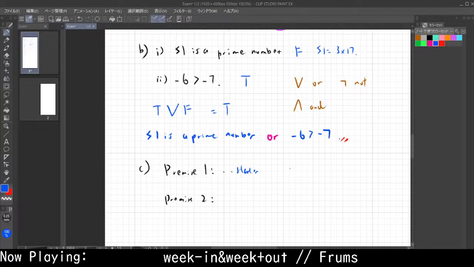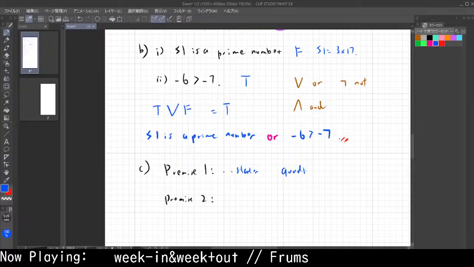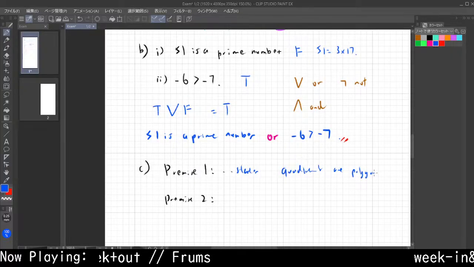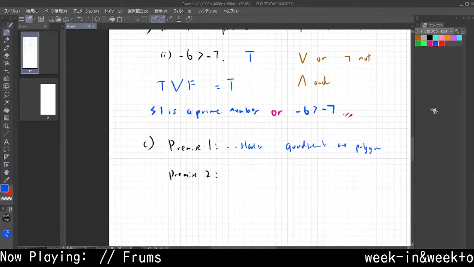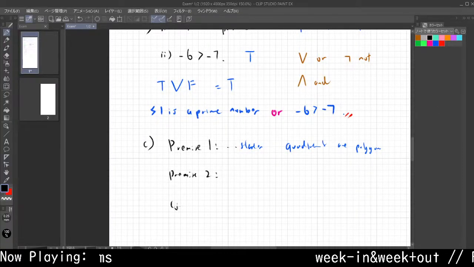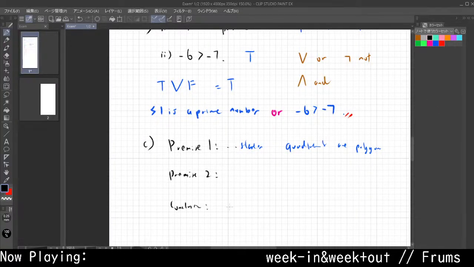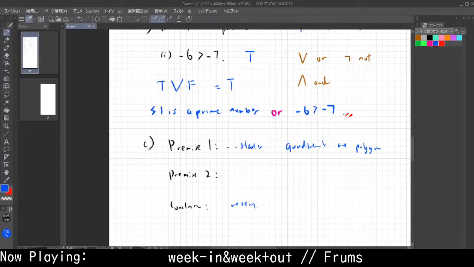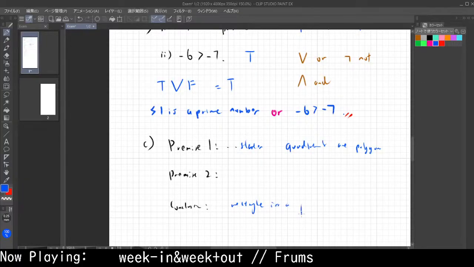In this case, because all quadrilaterals are polygons, your conclusion concludes that something is a polygon. The conclusion concludes that a rectangle is a polygon.